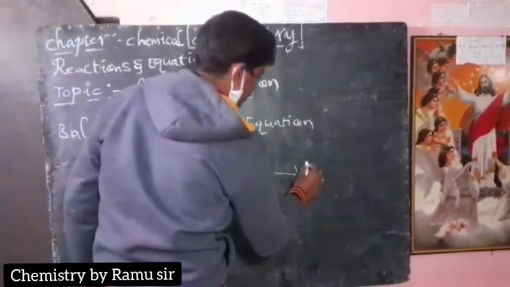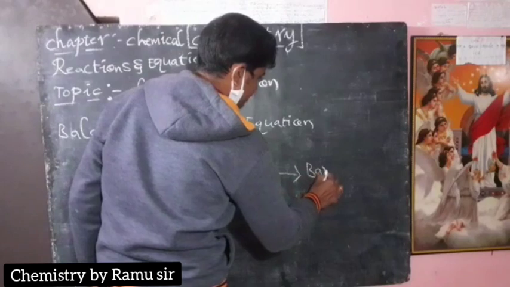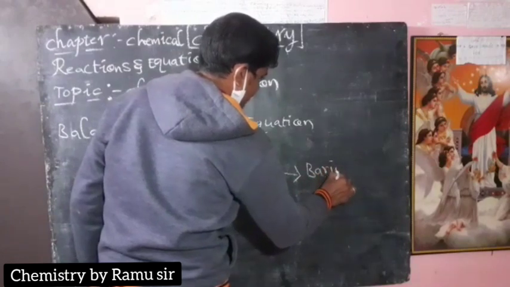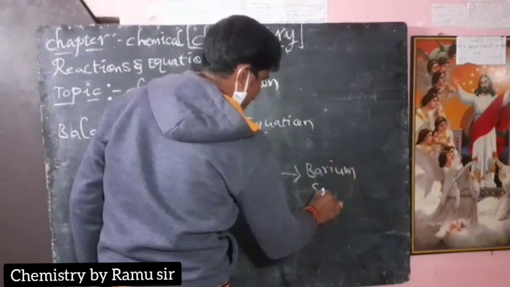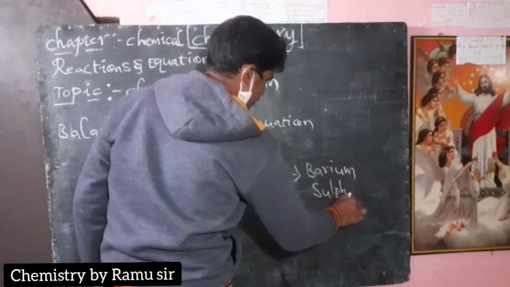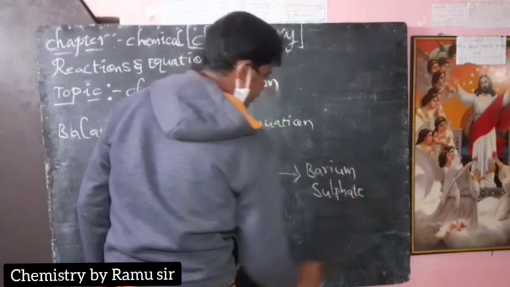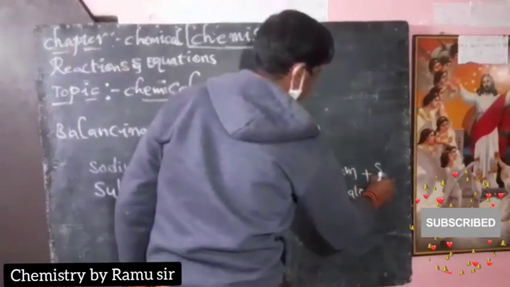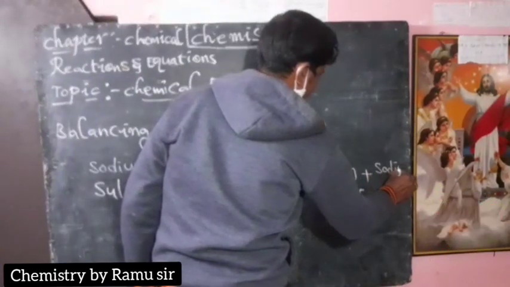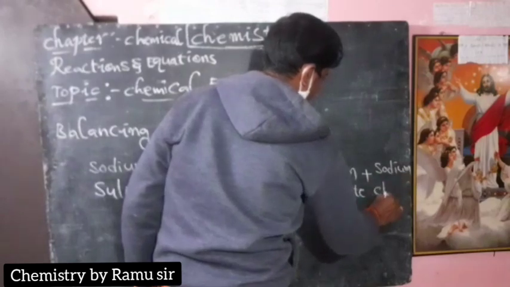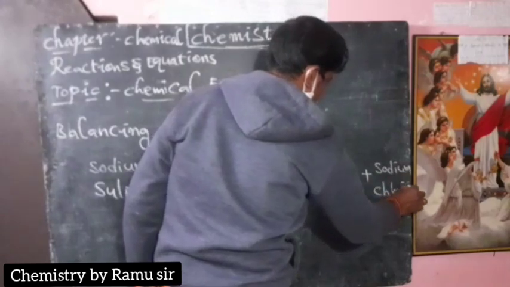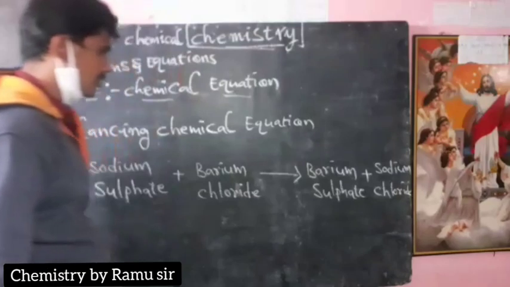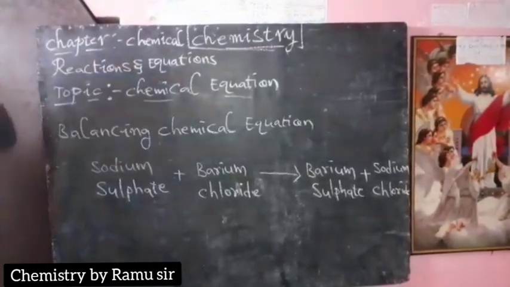Here the products are barium sulfate and sodium chloride. So this is called a word equation.